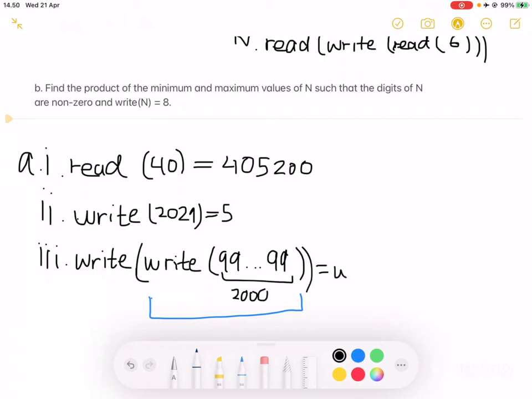I'll rewrite the outer part, which is write of the result of the inner part, which will be the sum of the digits of this number. This is not hard to see. That is equal to 9 plus 9 plus all the way up to 9, 2000 times. Or you can write that as a product.